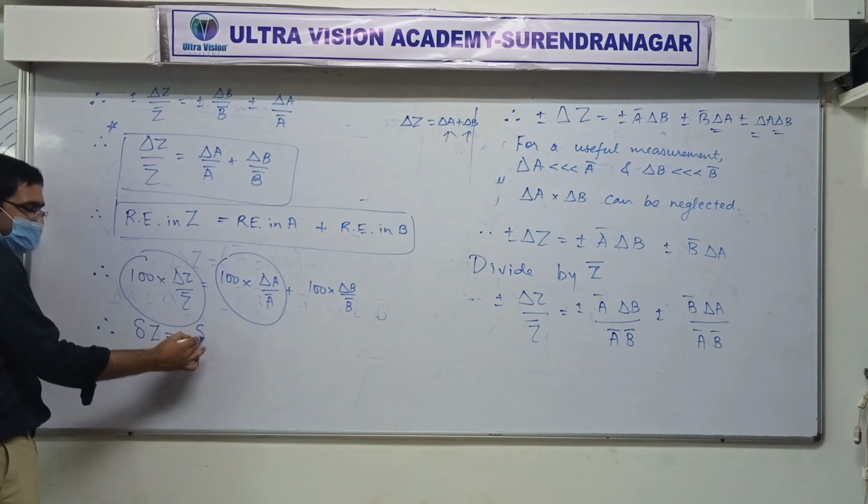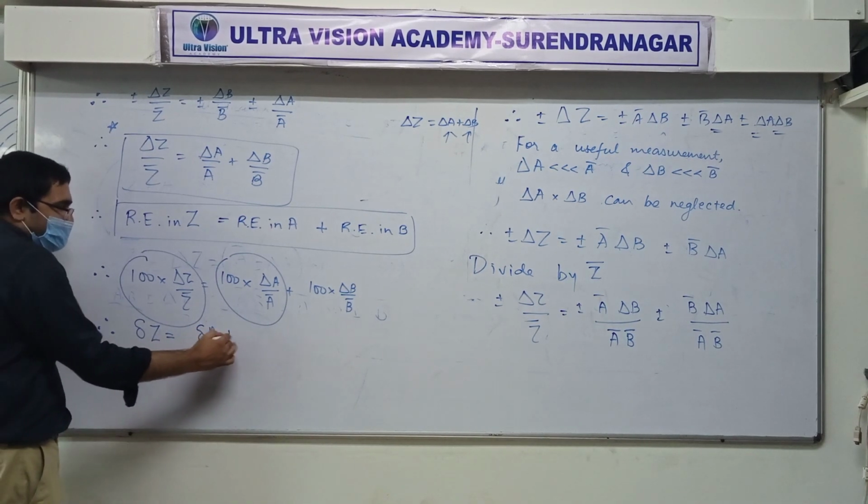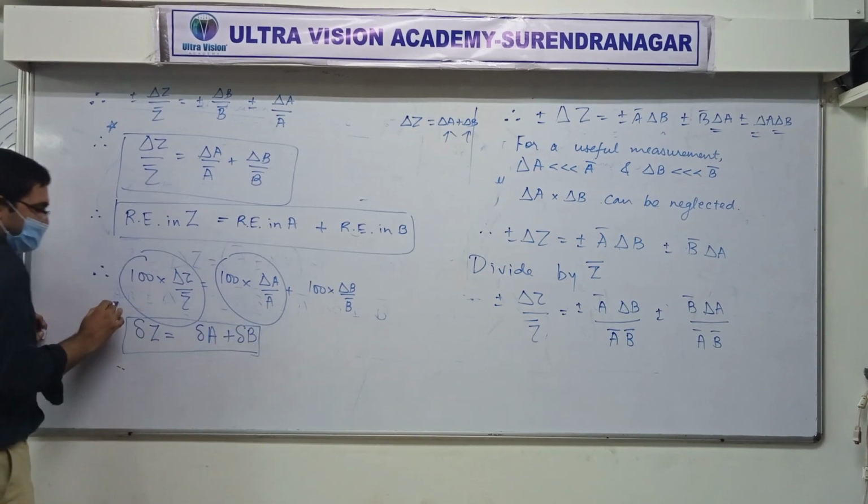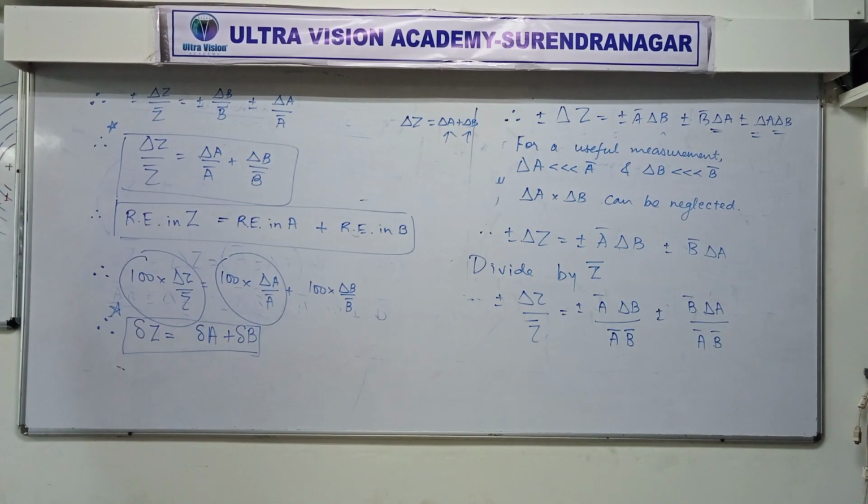Percentage error in A. So del A, and then plus del B. Understood? Yes. So again, this is the formula for multiplication. When two quantities are multiplied, then this is how we get the error. Sorry, percentage error.